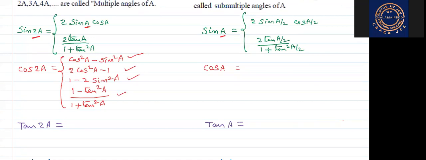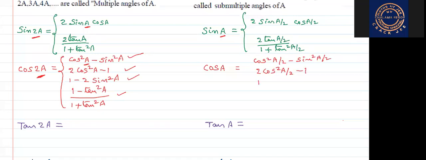Same like that, write the submultiple angle formulas here. What is the difference? You know that here 2a is there. That's why here we got half of the angle. But here a is there. Tell me what is half of the angle? That is a by 2. So the cos a formula is cos square a by 2 minus sine square a by 2. This is in terms of cos and sine. Write that only in terms of cos. What is the formula? 2 cos square a by 2 minus 1.